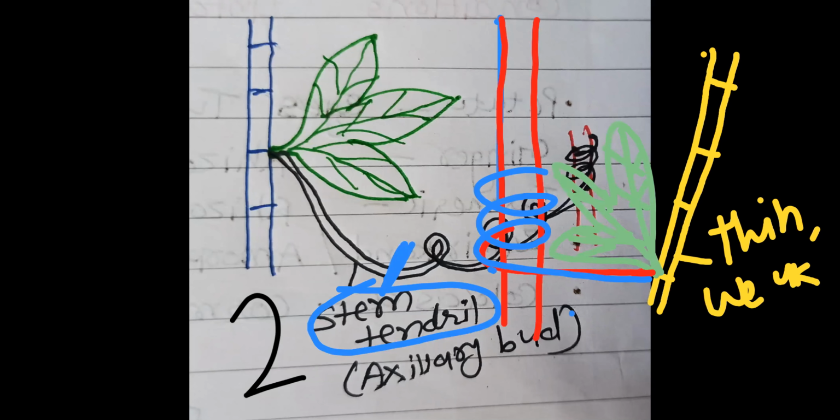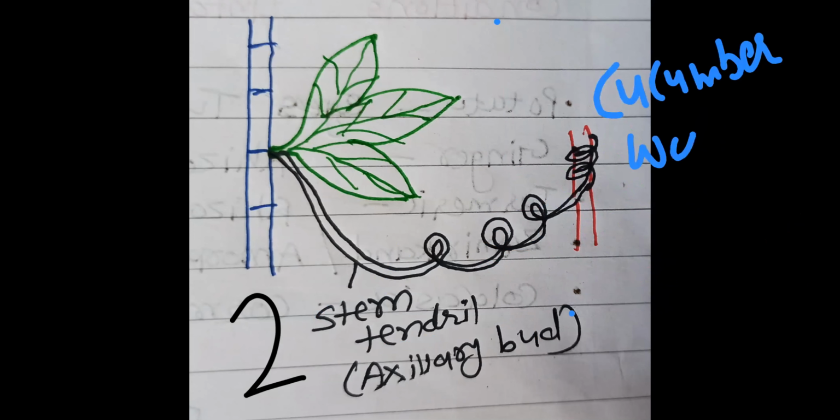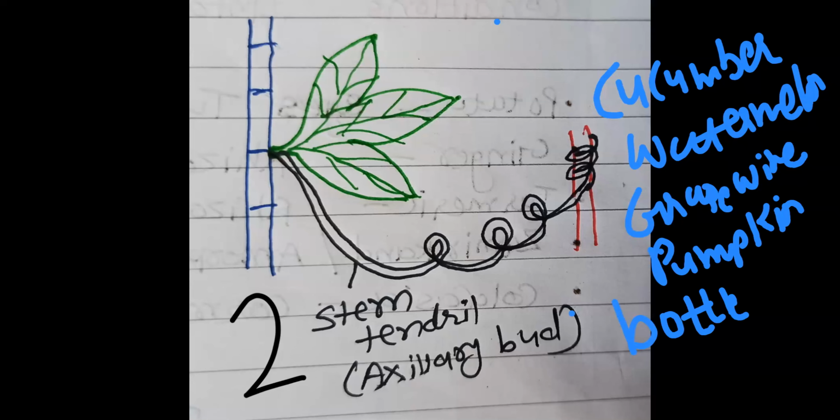Example one, cucumber. Cucumber, you know, right? Cucumber, watermelon, grapevine, pumpkin, even bottle gourd, bitter gourd, dudhi, karela.